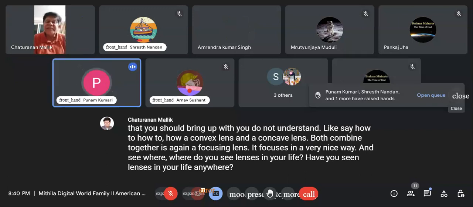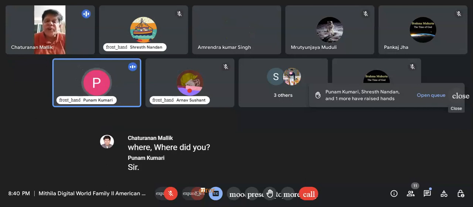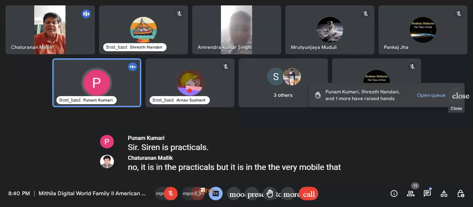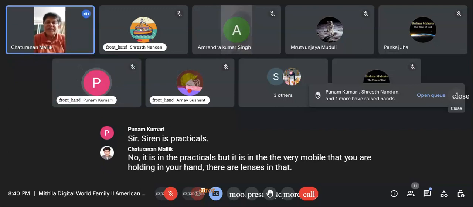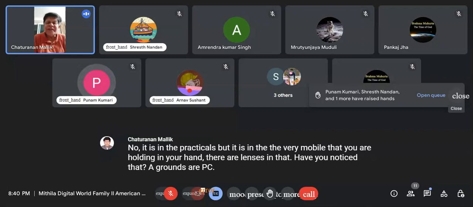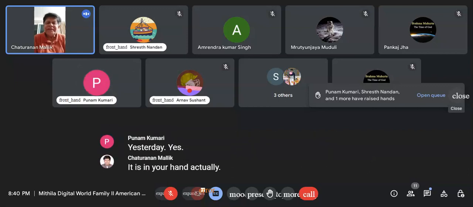No, it is in the practicals, but it is in the very mobile that you are holding in your hand. There are lenses in that. Have you noticed? There is a round thing at the back, and behind it there is a lens. Yes, sir. It is in your hand actually. Yes, lenses, sir.